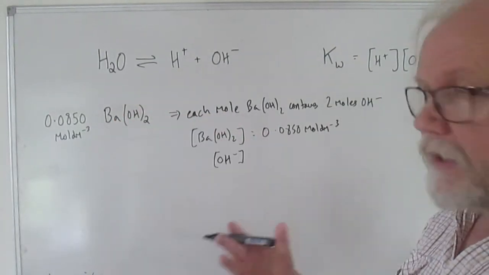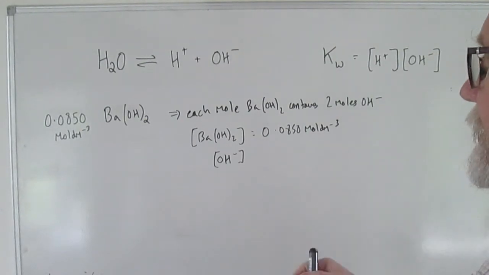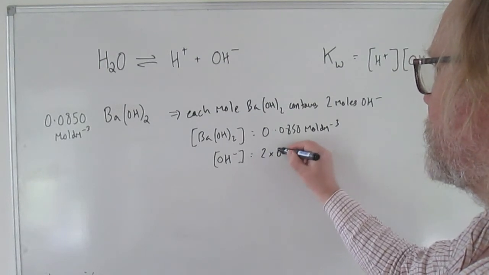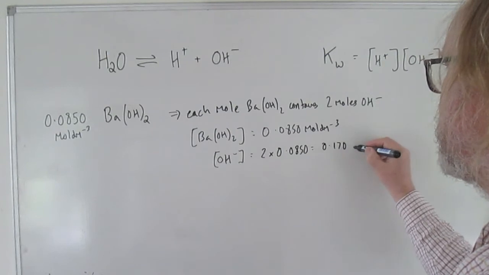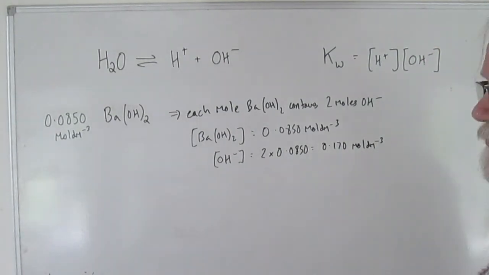Ionic compounds, remember, break up completely into their separate ions in aqueous solution. So the OH- concentration will be 2 times 0.0850, which is 0.17 moles per dm cubed. And then it's just the same as the previous one.